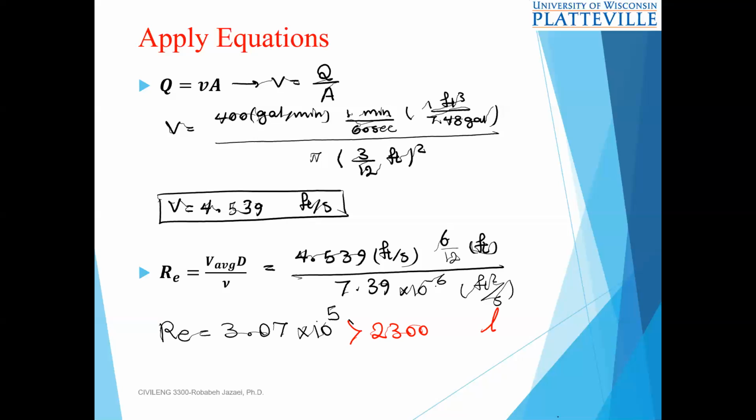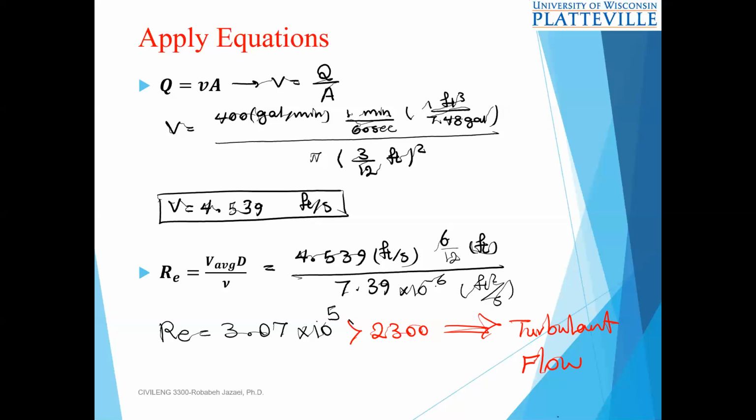Because sometimes it's laminar, and then we don't have to use Moody's diagram or the Haaland equation. If it's laminar, we just divide 64 by Reynolds number and we have the friction factor. So make sure it's turbulent flow.